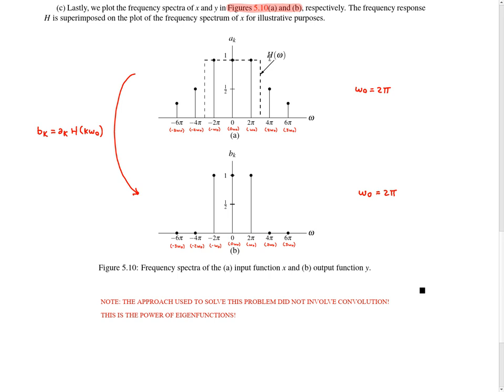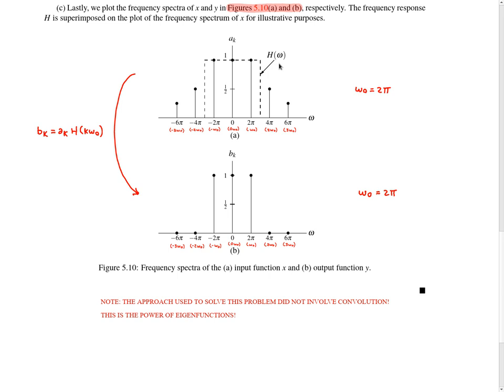Because this function h is always equal to either 0 or 1, in cases where it's 0, for example, at the frequency 6 pi, the function capital H is equal to 0, we're going to multiply this coefficient times 0, which gives us 0 for this coefficient down here. In cases where this function is equal to 1, for example at a frequency of 2 pi, we're going to take this coefficient value ak and multiply it by 1, which gives us the same coefficient value for the corresponding bk value.